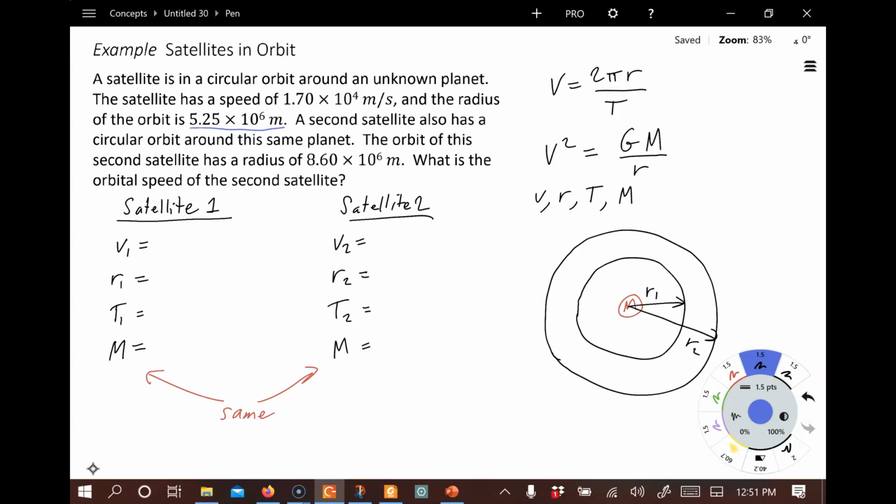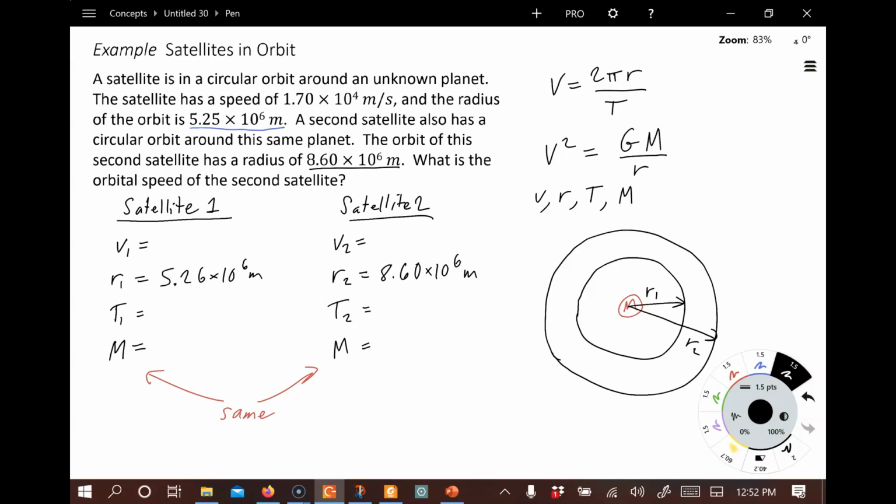We'll go ahead and write that down. So we've got 5.26 times 10 to the 6th meters, whereas the other satellite has this radius, and so let's write that down, 8.60 times 10 to the 6th meters.